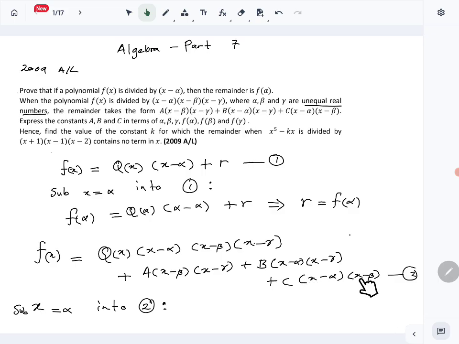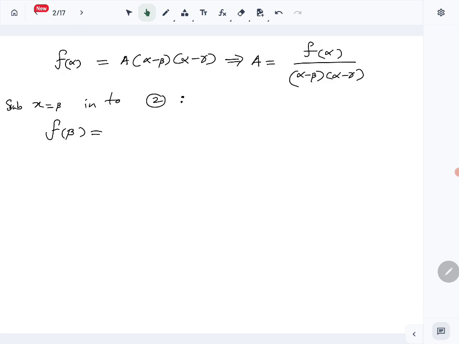And the last term, beta minus beta becomes 0. Right, then only this third term is left. So you get b(beta minus alpha)(beta minus gamma). So then from that we have b is f(beta) over (beta minus alpha)(beta minus gamma).